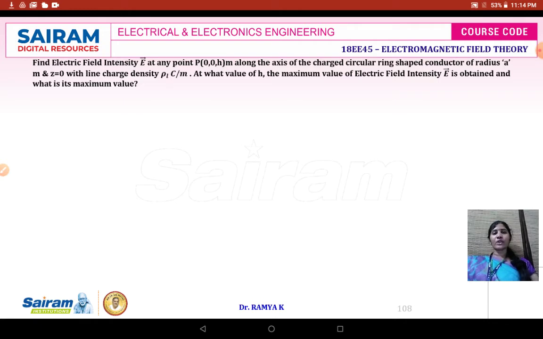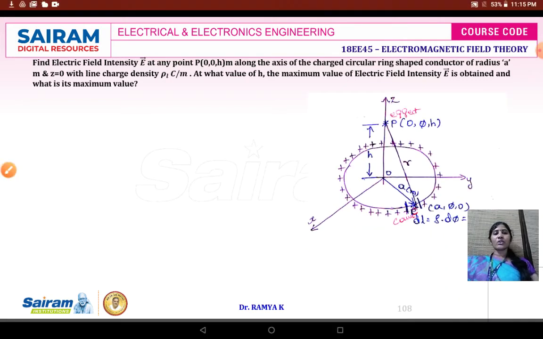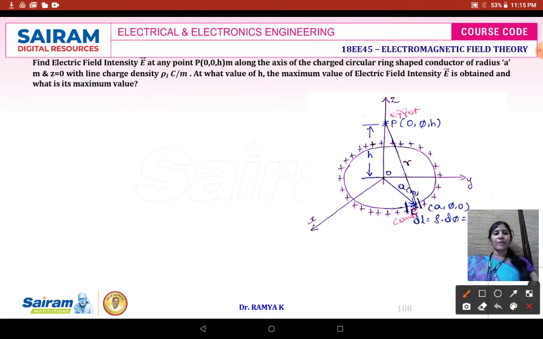So first we need to convert this statement into a pictorial representation. When you do so, it is a circularly charged conductor of radius a. Therefore, whatever diagram is shown over here is going to be the circularly charged conductor. So here you are shown the circularly charged conductor with the radius a meter.